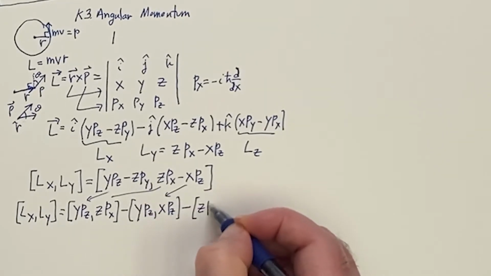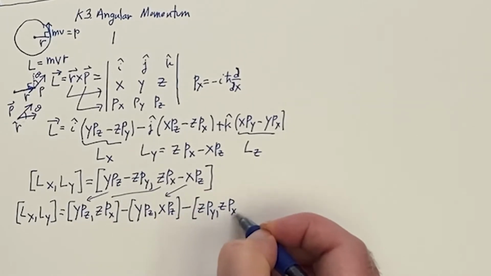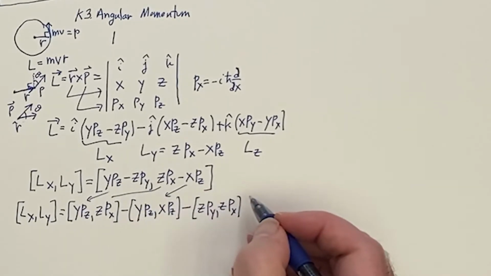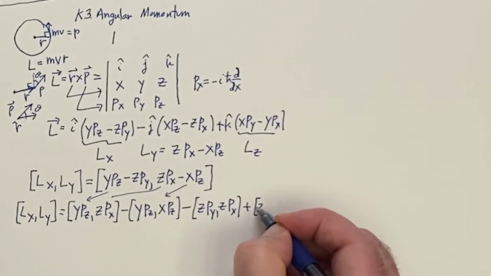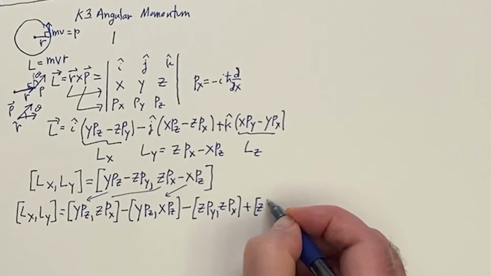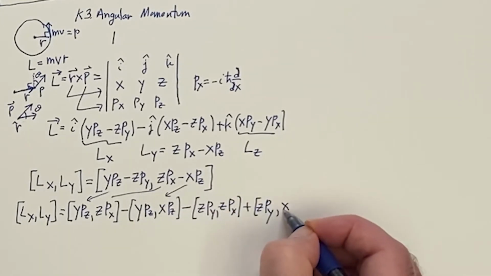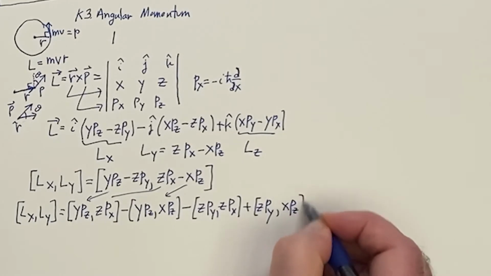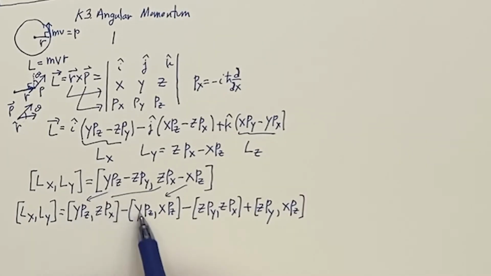This is z, py, working with z, px. And then the last one, 2 minus signs will cancel. I got a plus z, py, it's this one. And then this last one, x, pz. So like we put this one here, and we put that one there.